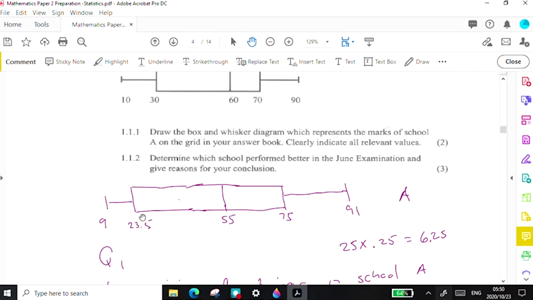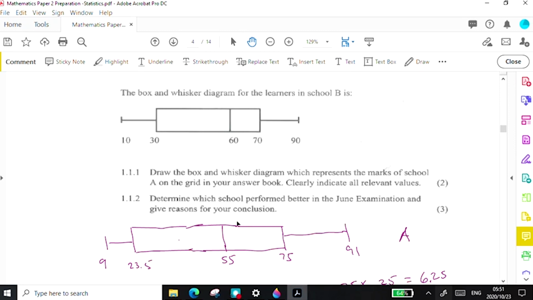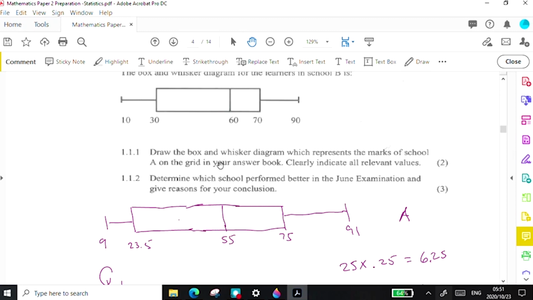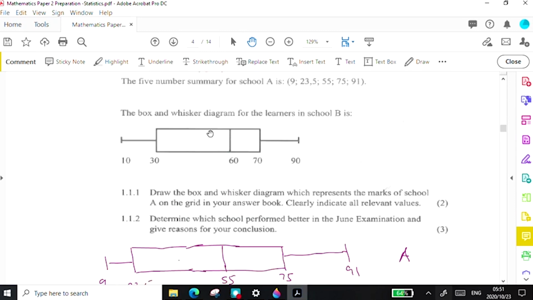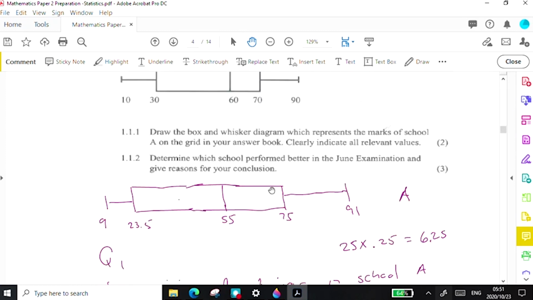Just look at the lower 25% of students. Even if we look at the median, that is the 50% of the students, you can clearly see that with school B, the upper 50% got 60% and more, while in school A, the upper 50% got only 55 and more.